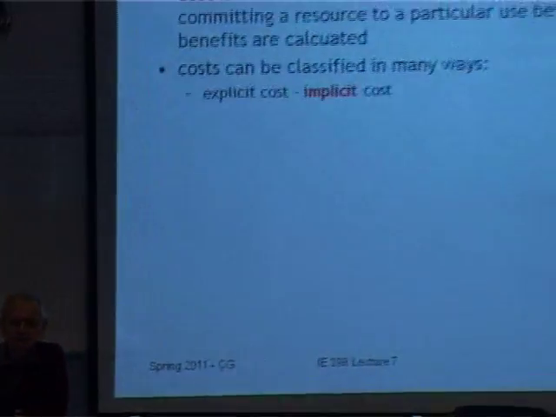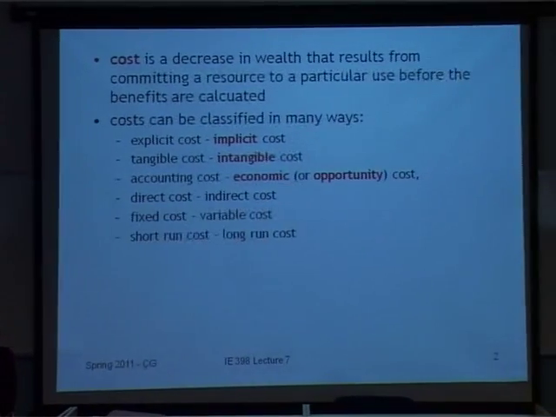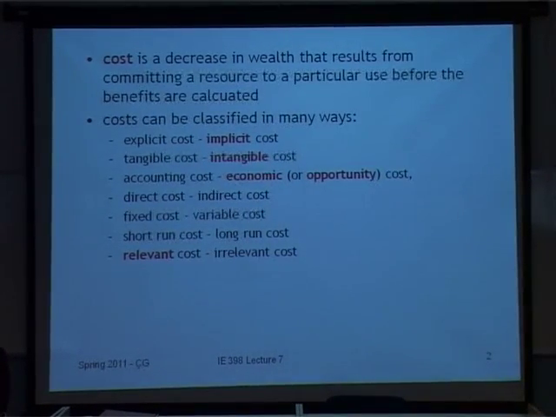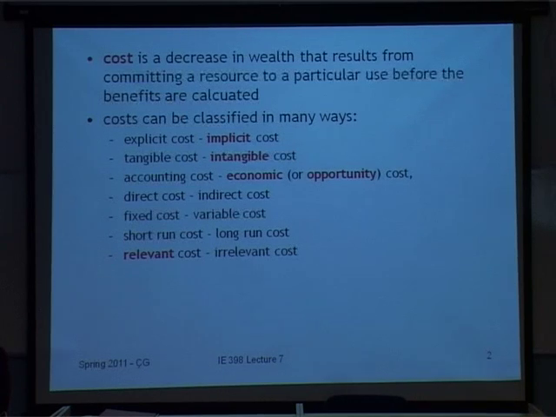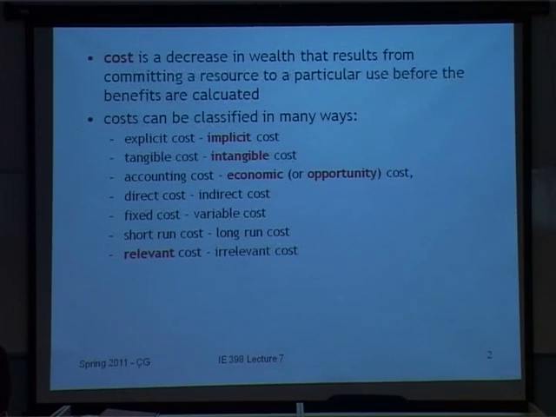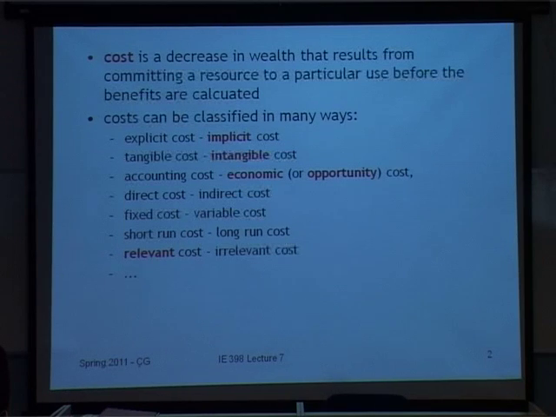And there are many different classifications of costs, as you already know. For example, explicit costs, implicit costs, tangible costs, intangible costs, accounting costs, economic costs, direct, indirect, fixed, variable, short run, long run, relevant, irrelevant, etc. So you can actually add more classifications.